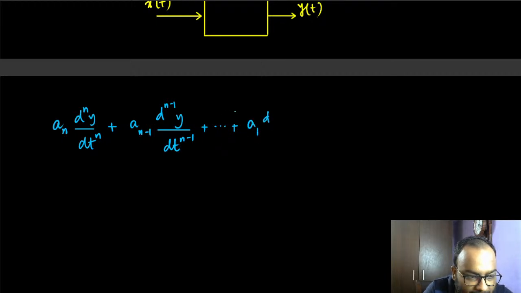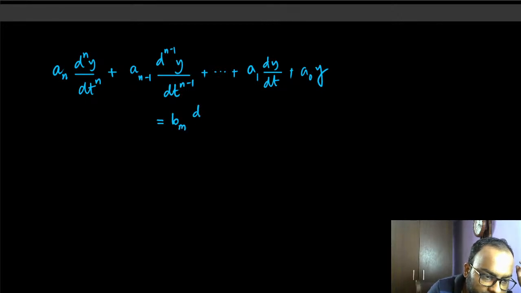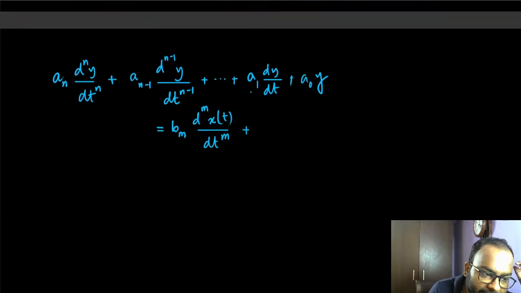Similarly, it will come down in the order, and this is going to be dy/dt, and then the y term, and this is equal to the derivatives of the input as well. So this is a generalized mathematical model for this kind of systems, called the linear time invariant systems.